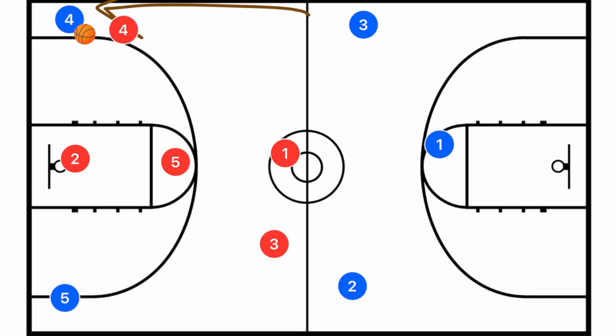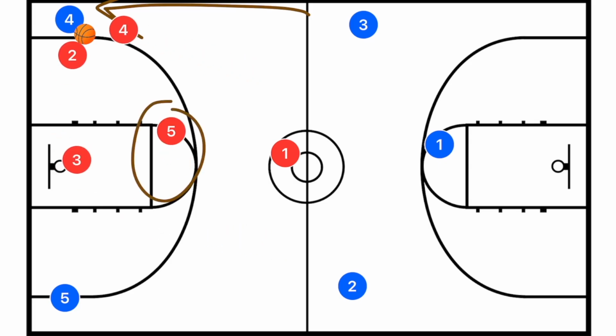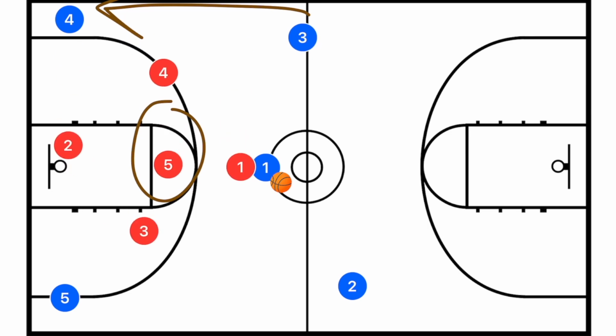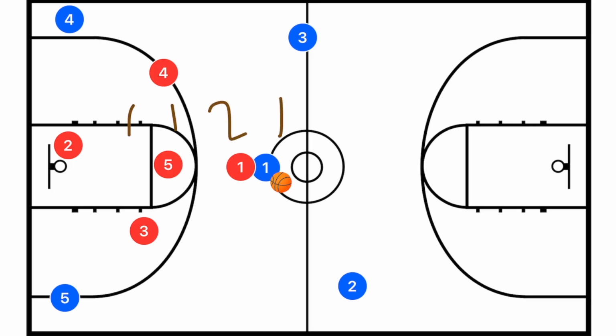A lot of teams will still say, okay, we want this to trap. 5 stays there. He covers the bottom. 1 moves over. Now we're in a 1-3-1 where if they pass it back out and around, we are back in that 1-3-1. And that's what a lot of teams will do. They'll go from a 1-2-1-1 into a 1-3-1, and it works extremely well.